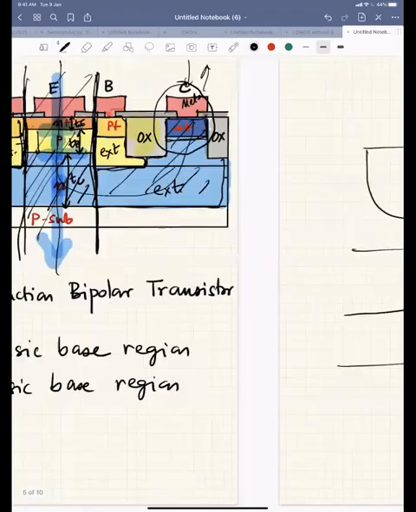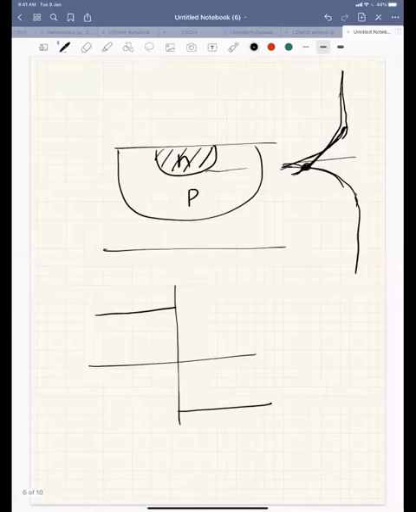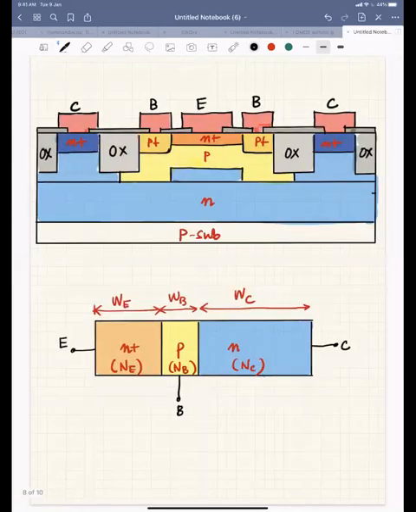So now what actually is done? If I look at the intrinsic part, as I told you, this is my intrinsic part. If I take the intrinsic part and rotate it, this is what your bipolar junction transistor is, because the characteristic of a bipolar junction transistor depends on the intrinsic part.